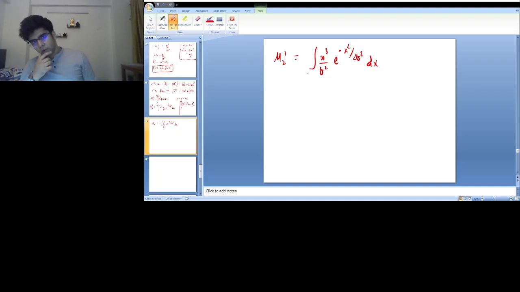I need to find a way to apply the gamma integral here. What can I do here?